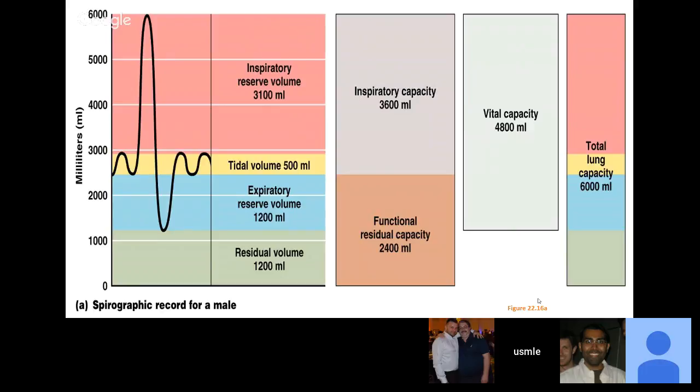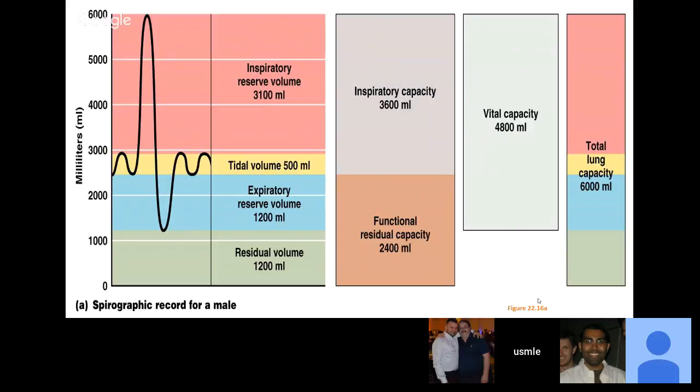Remember that the residual volume is not part of the function because it's air that is not exchanged. So vital capacity, once again, is 4800 mL. That is inspiratory reserve volume plus tidal volume plus expiratory reserve volume.